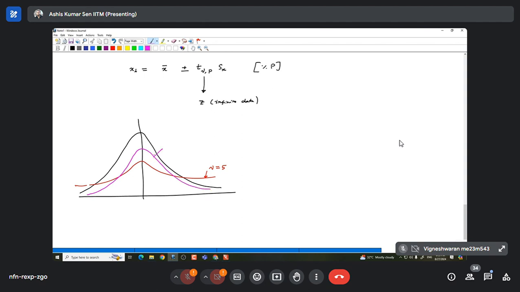This can be, let's say, degree of freedom is 10. That means here your data is 6, here it is 11. And when your degree of freedom is very large, infinity, typically degree of freedom greater than 30, you get a characteristic curve which is the same as the normal distribution curve. So this is the normal distribution curve.